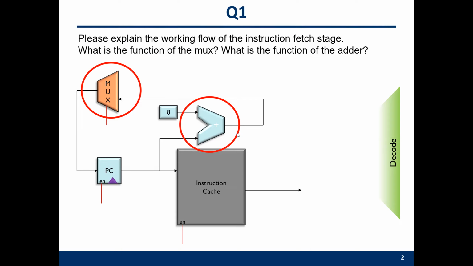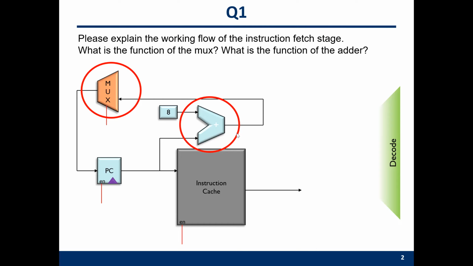In the first stage, which is the instruction fetch, of course, we read or fetch the instruction that will be processed in this cycle. In order to read the instruction, we need the address of the instruction, which is the PC.